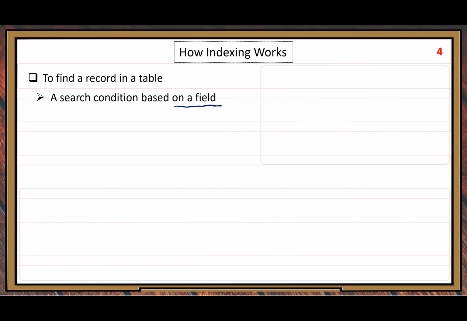We need to create an index on this field. Then you can do the search operation if you have a search condition based on this field. Assume that an index is created on the field.